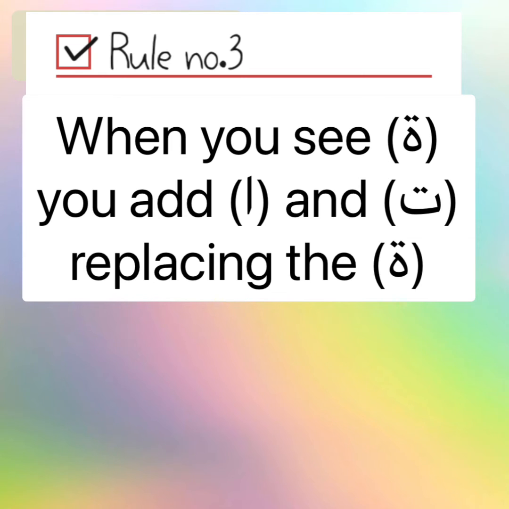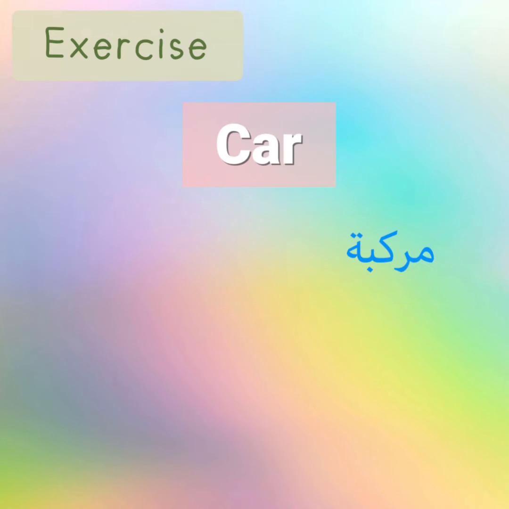Now there is just a fact that in plural, you would never see ta marbuta right in the end. It always changes into a ta maftuha. So when you ever see a singular word with a closed ta, just don't think much and just change it to an open ta, and you will get the plural of the word.